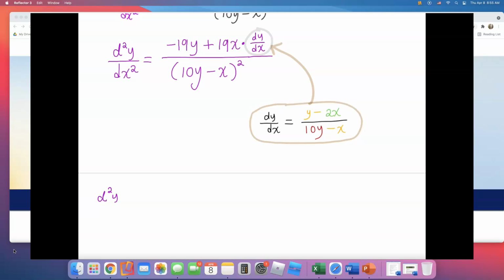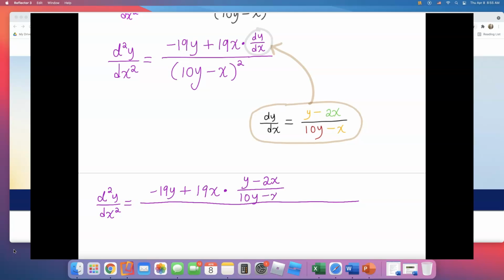So the second derivative of y with respect to x is negative 19y plus 19x times y minus 2x over 10y minus x, all over 10y minus x squared. Where did I get that from?